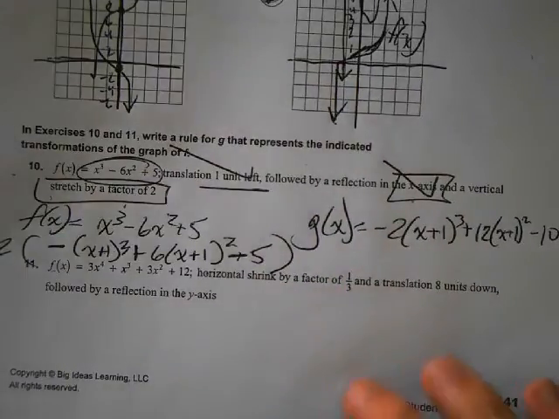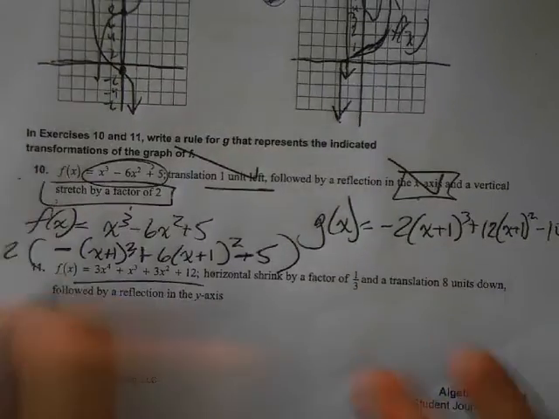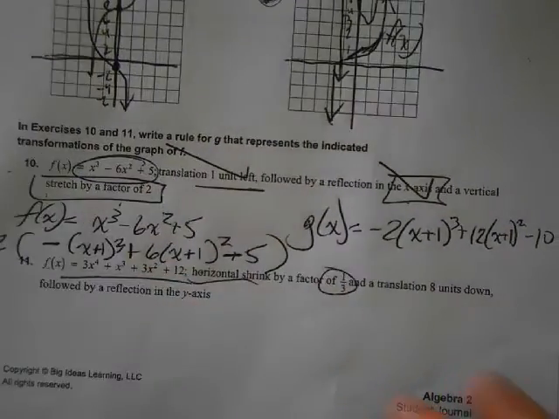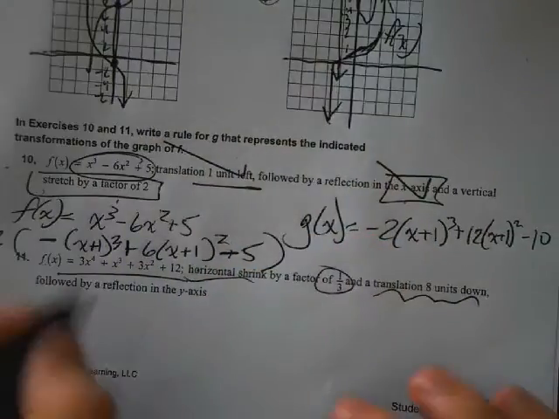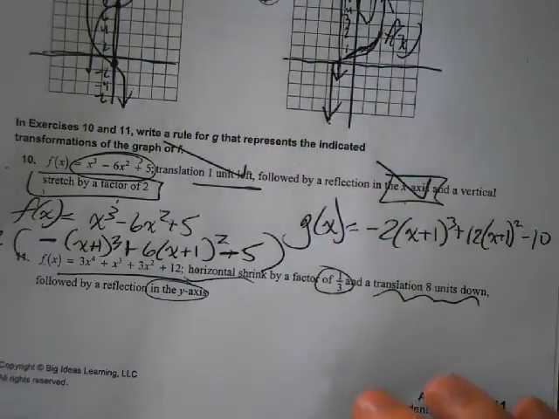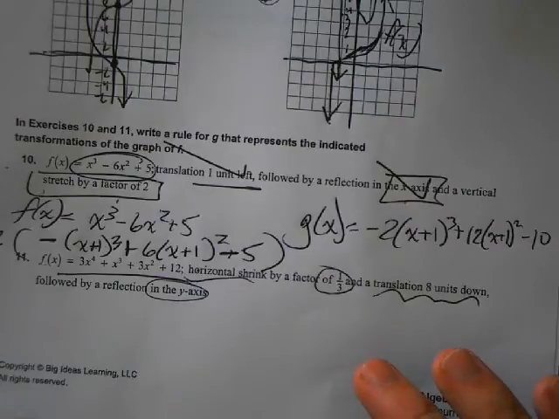And then number 14, you've got your function. It's a horizontal shrink by a factor of 1/3. It's a translation 8 units down, and then a reflection in the y-axis. Well, that's a lot. Okay.